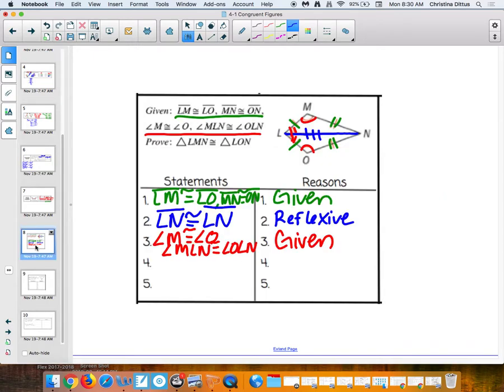So guess what? I have two angles that are congruent. So what about my third angle? It's congruent. Good. This angle, do not write angle N. That is worth no points. I will mark 0 points.